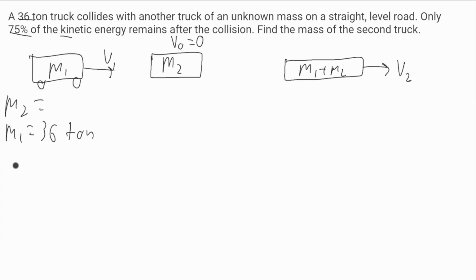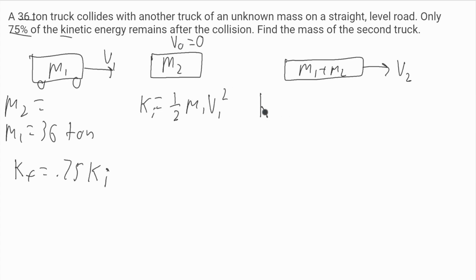So our energy final, I'll call this K final, will only be 75% or 0.75 of the initial kinetic energy. So K initial is going to be equal to 1 half the mass of the first truck, V1 squared, plus the mass of the second truck times its velocity, but since this has no initial velocity, that'll be 0.